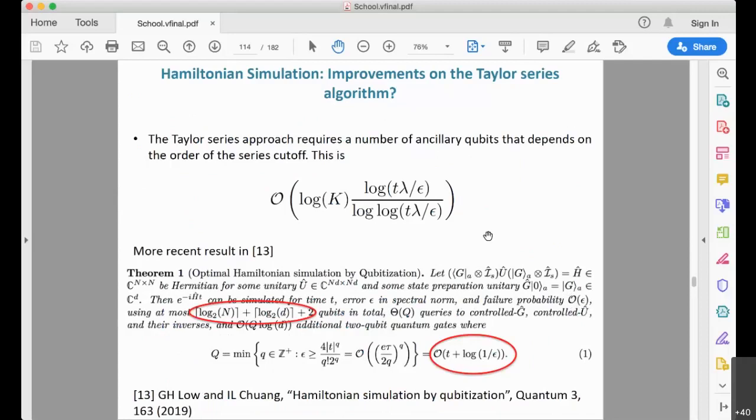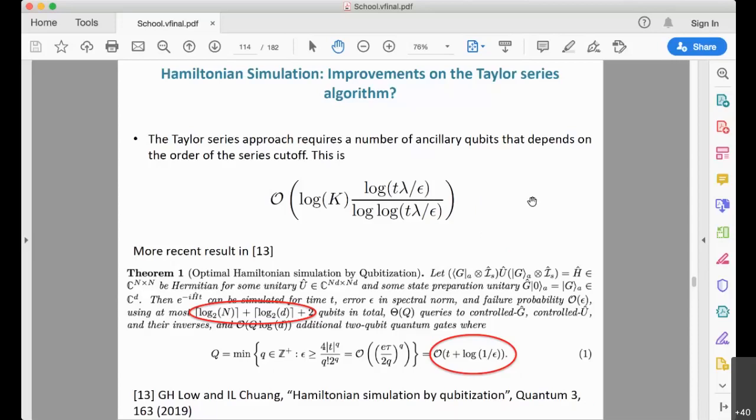Okay, so when we look at the complexity and the number of ancillaries that we needed in our method, in the Taylor series approach, then what one realizes is that the number of ancillaries depends on the evolution time. It's a mild dependence. It's just logarithmic in the precision error, okay? But it increases with evolution time.